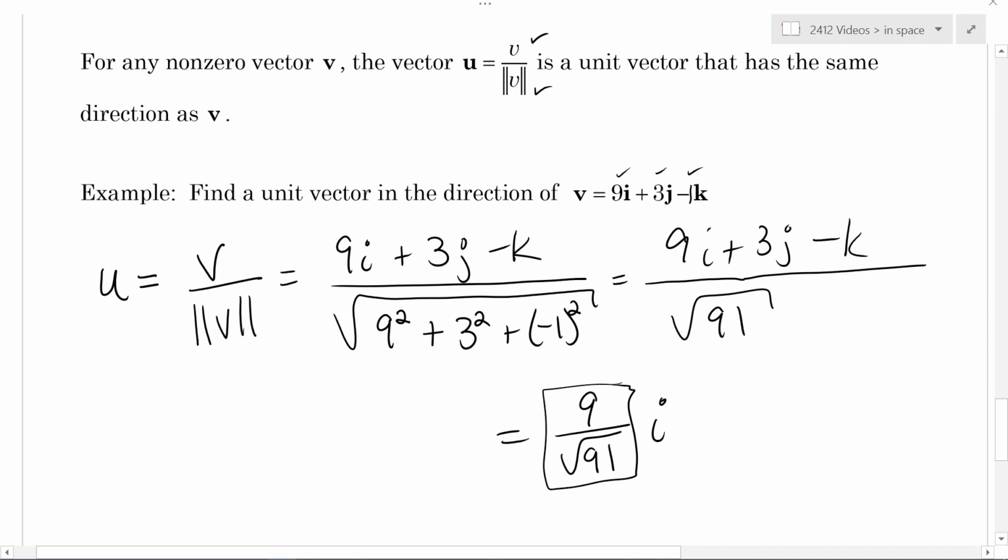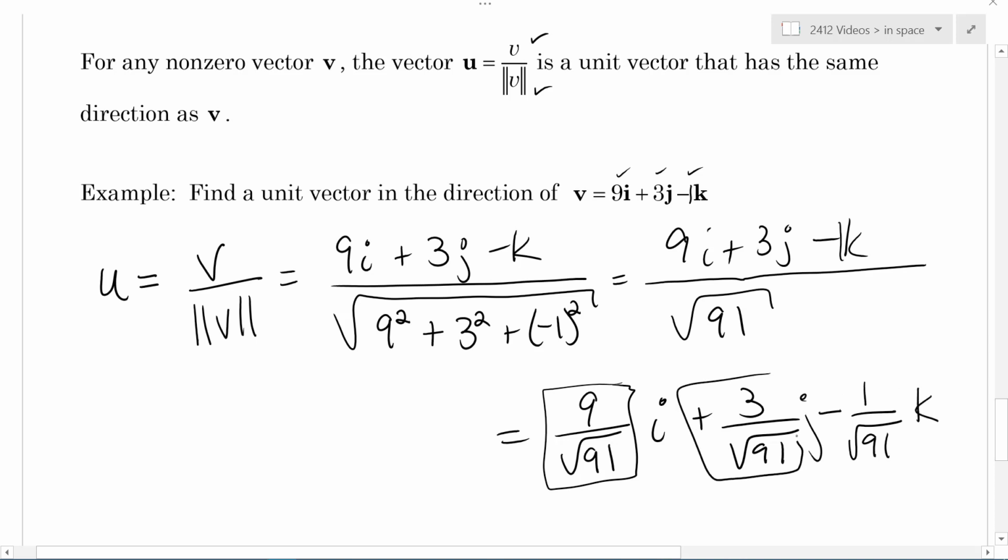Okay, so I want to make sure I do that division. Plus 3 divided by the square root of 91. Remember, there's an implied 1 there, so that's like a minus 1 divided by the square root of 91. And we need our j there, and we need our k there. So we want to have a number in front of j, and a number in front of k.